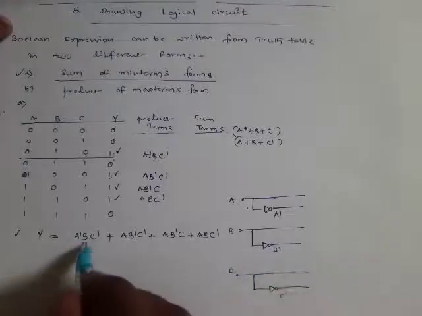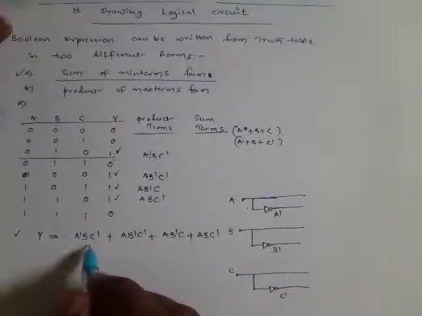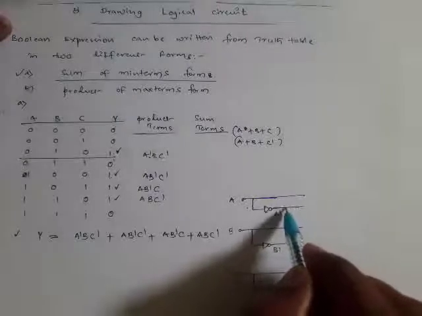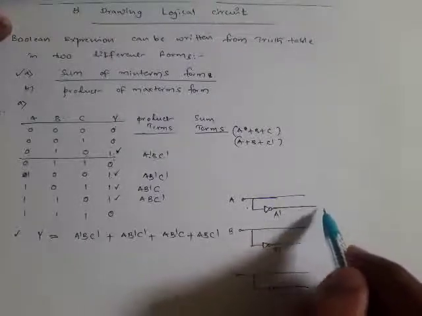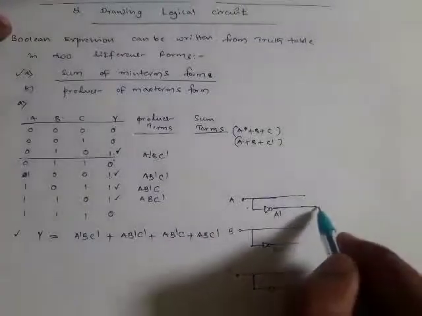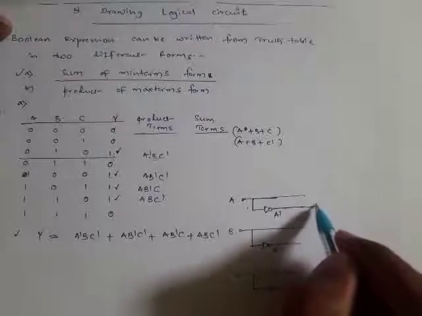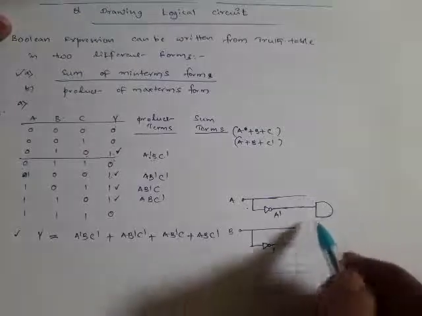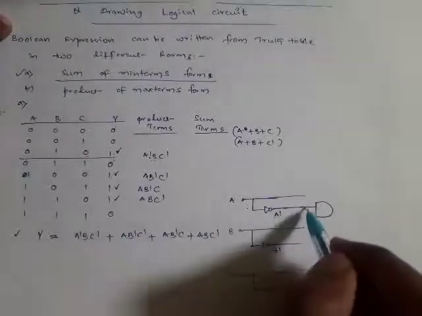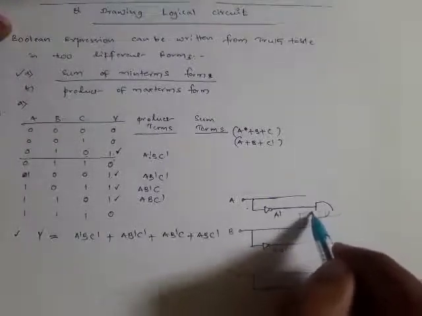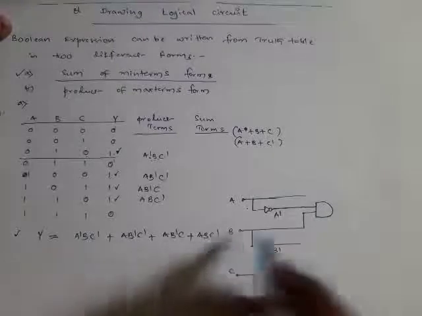Now the first product term is A bar B C bar. The product term A bar B C bar can be obtained by using an AND gate, for which one input is A bar, the second input is B, and the third input is C bar.